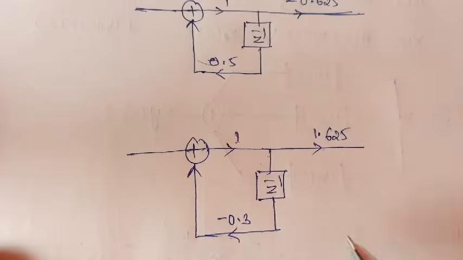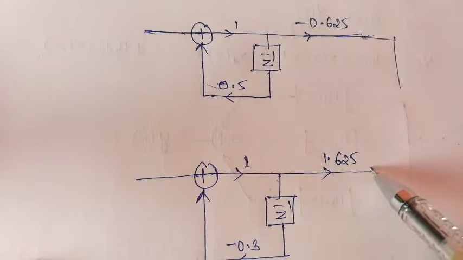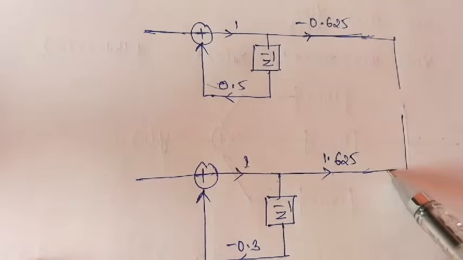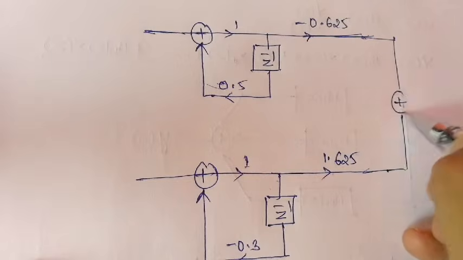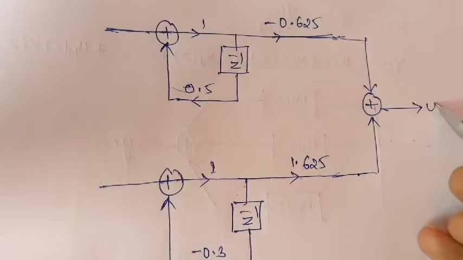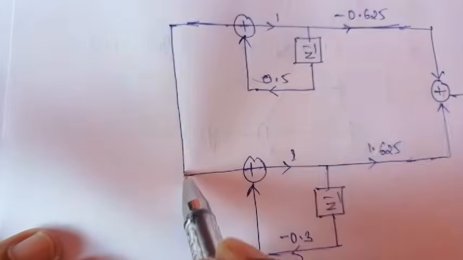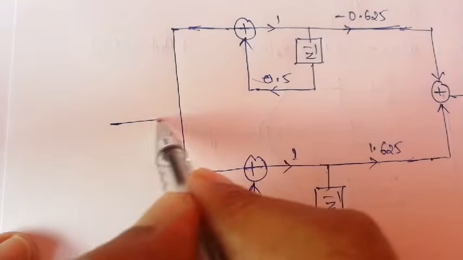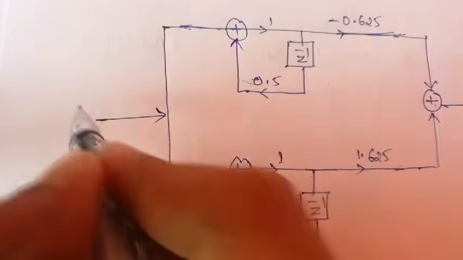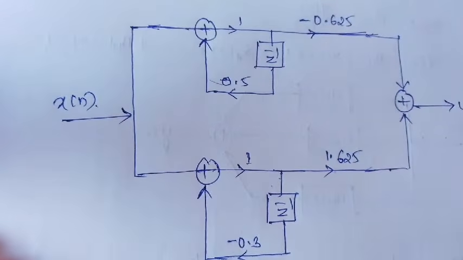These two have to be connected in parallel. We have to add them, which gives y of n, and to both of these we apply the input sequence x of n. This is the parallel realization of the given system function.